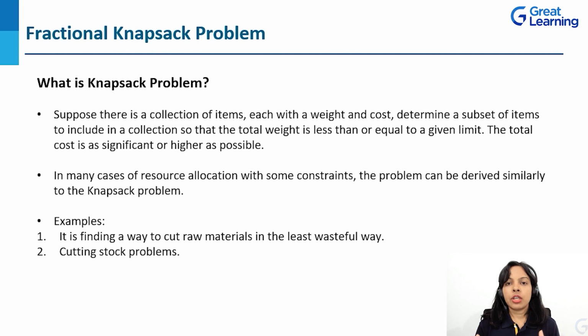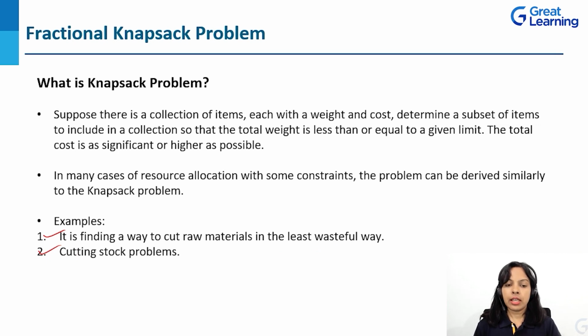Now, there are many such cases of resource allocation in industries or in real life scenarios where it becomes a knapsack problem. A few examples: the first one is finding a way to cut raw materials in the least wasteful way. You can also refer to it as the cutting stock problem.